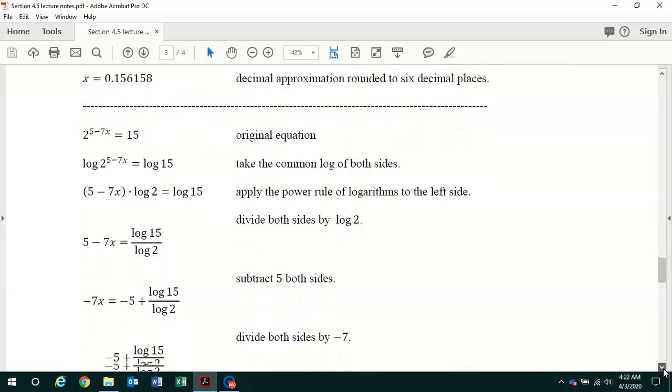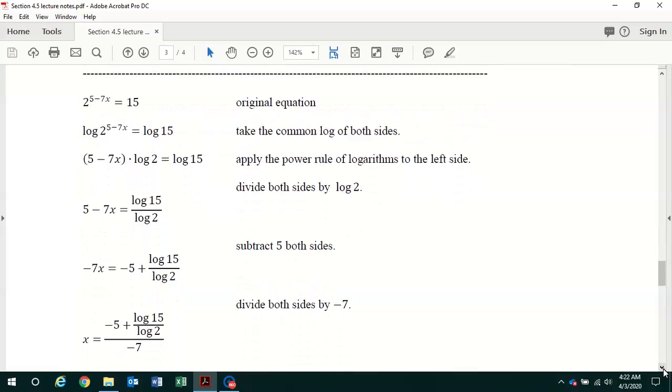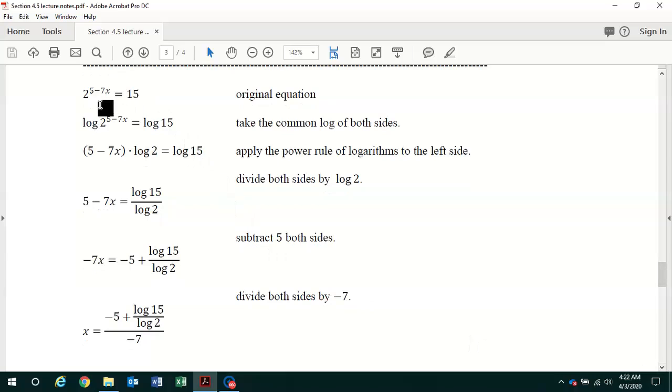So converting from exponential to logarithmic form is one approach to solving this problem. I'm going to show you a second approach to solving this problem. Again, here's our original exponential equation. 2 raised to the 5 minus 7x power is equal to 15. Another method is to use the power rule of logarithms. We can take the common log of both sides of our exponential equation.